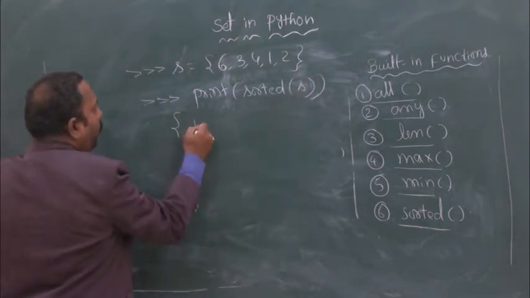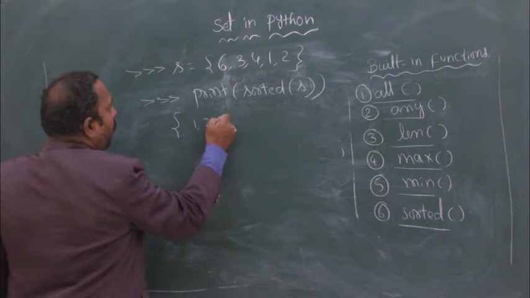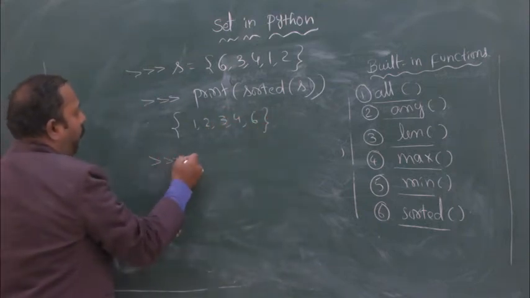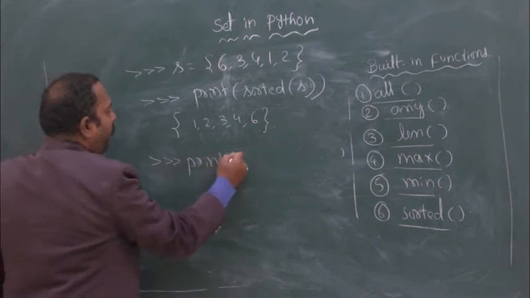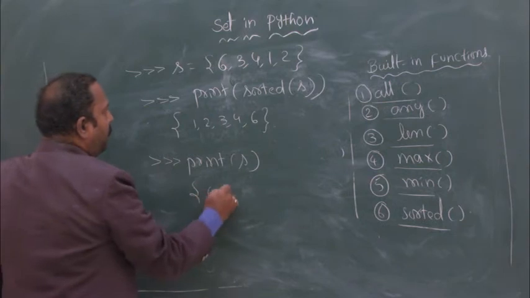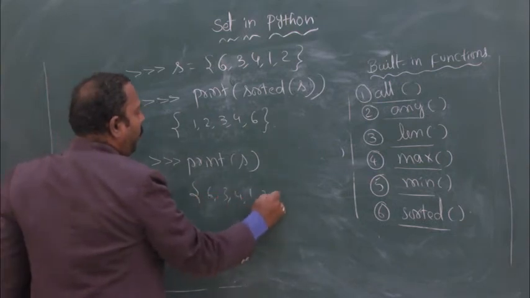You will get 1, 2, 3, 4, 6. Suppose I give print S. What is the output? You will get 6, 3, 4, 1, 2.